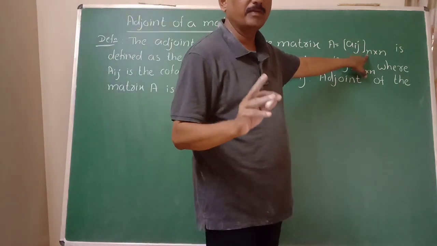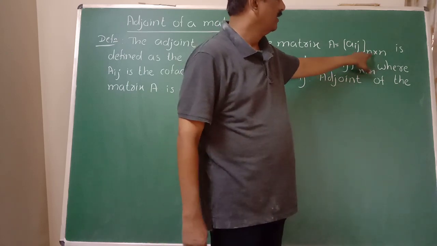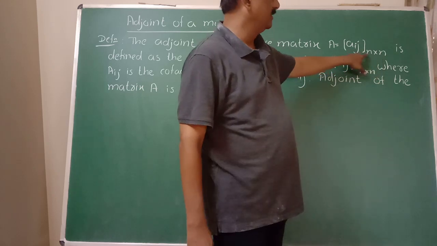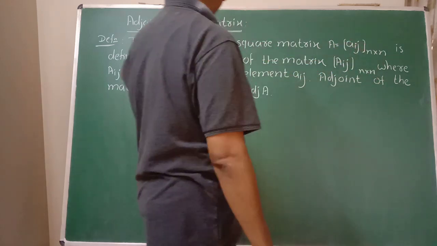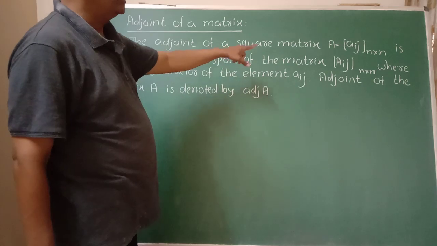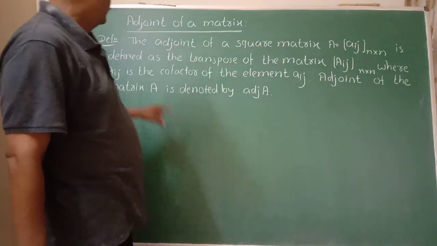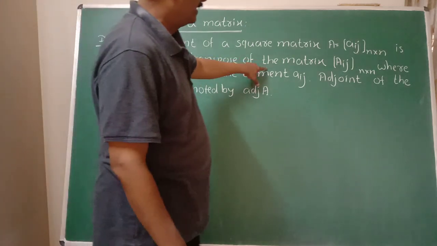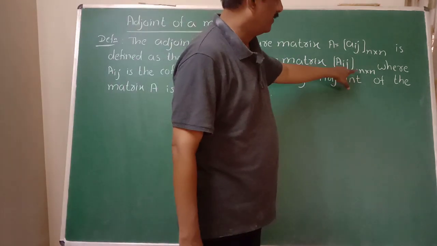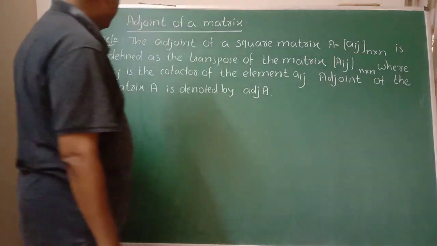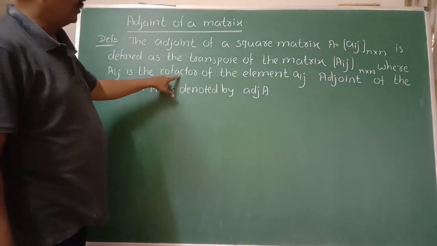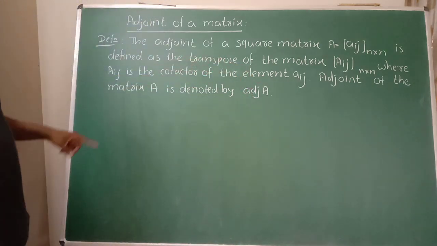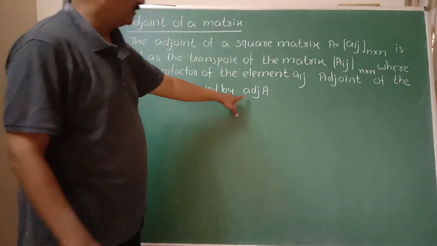It is a square matrix, the number of rows is equal to the number of columns. The adjoint of a square matrix A is defined as the transpose of the matrix of cofactors Aij, where Aij is the cofactor of the element aij, and it is denoted by adjoint of A.